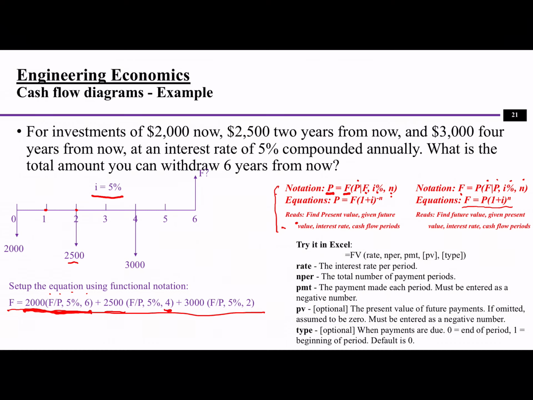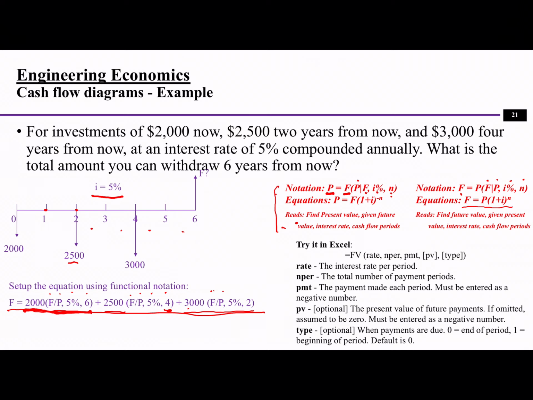Same with $2,500. But remember, for the $2,500 we only need to convert 4 periods, because this occurs at the end of 2 years. We only have 4 years left. So we find the future value given the present value $2,500, the interest rate of 5%, and a period of 4 years.